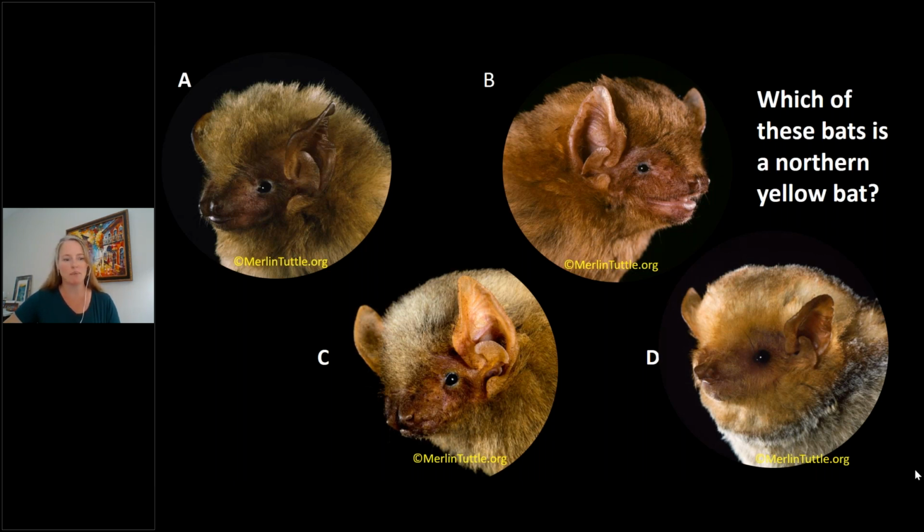Before I start, I am going to ask a trivia question. So which of these bats is a northern yellow bat, would you say? Is it A, B, C, or D?